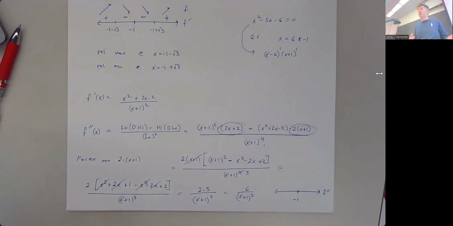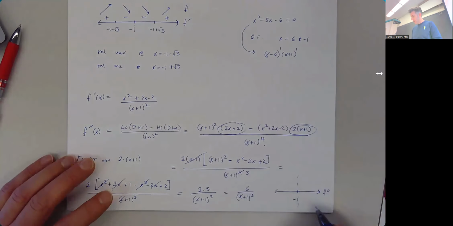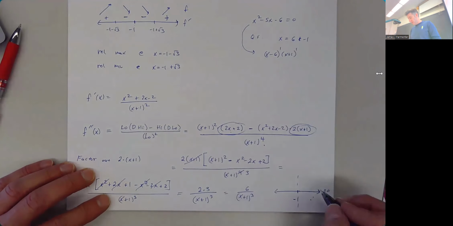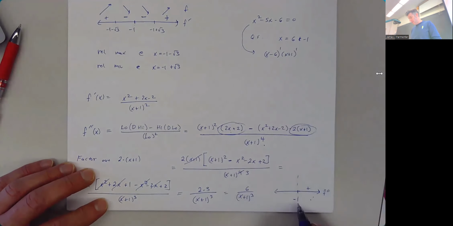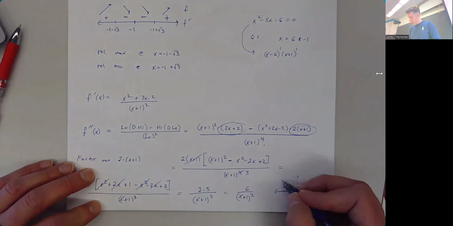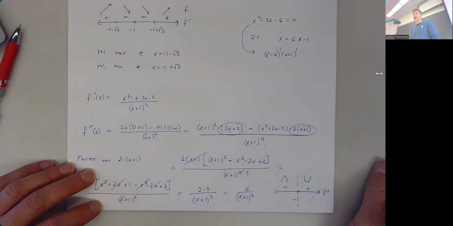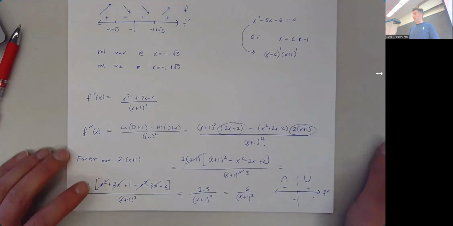Now we still want it because we want to know about the concavity of our graph. So if we pick something bigger than -1, like 2, the whole thing's positive. And if we pick something less than -1, like -3, the whole thing's going to be negative. So it's definitely concave down, concave up, but we do not have an inflection point because we have a vertical asymptote there.